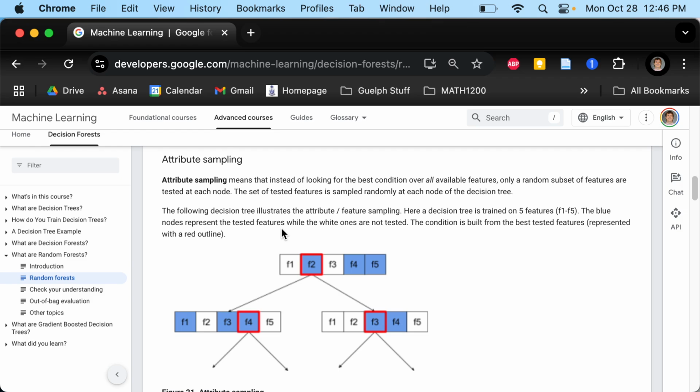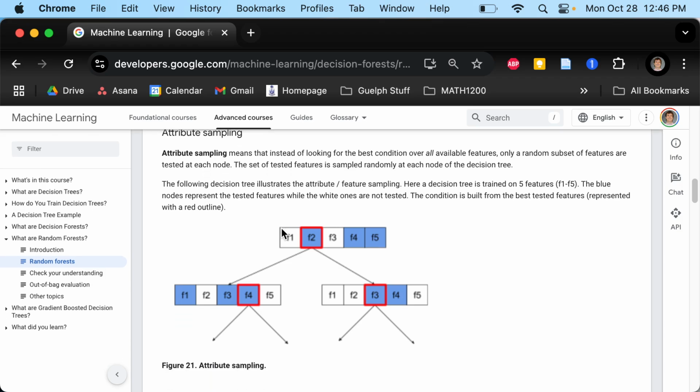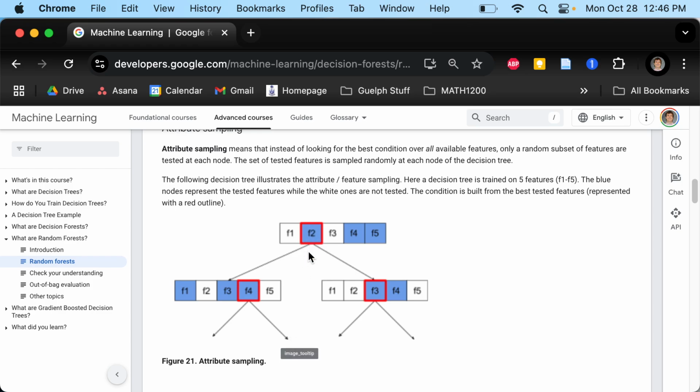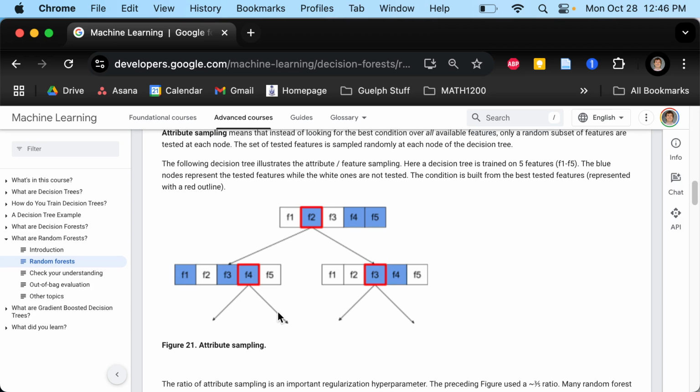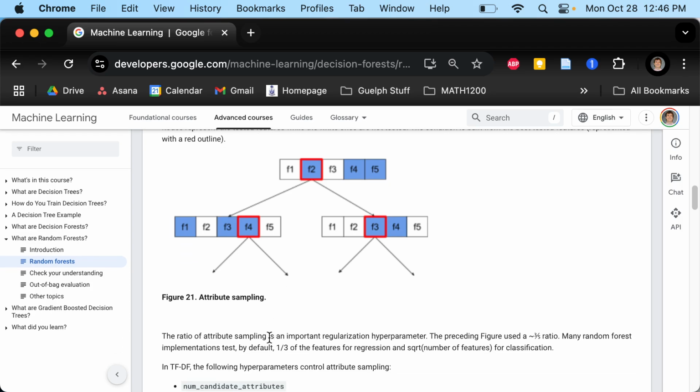But the point is it makes the trees more different so that when we aggregate them with bagging, we get a more accurate estimate. So it makes them more different and more independent, and that helps them work out. So here's a tree. First, it asks a question about feature 2. Then it asks about feature 4 or feature 3 over here. But it is never allowed to ask about features 1 and 3, and that's what makes it more unique. So it provides regularization.